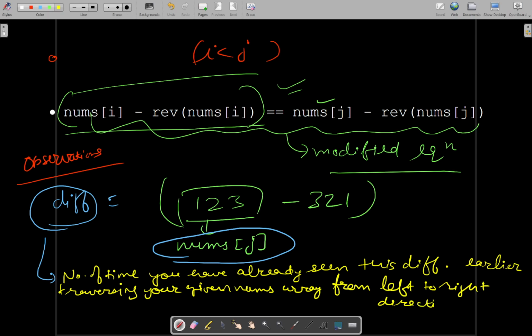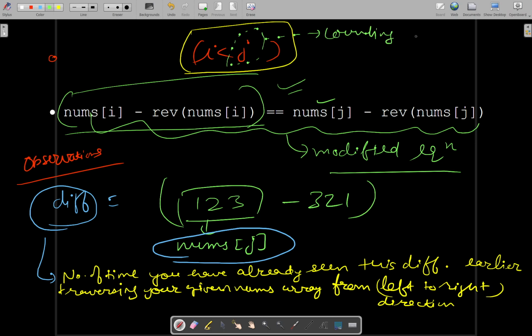Why are we taking this particular direction? Because it is mentioned that your ith index should be lesser than the jth one. So if you are counting the contributions of the jth index, then you should be traversing the array in left to right direction.